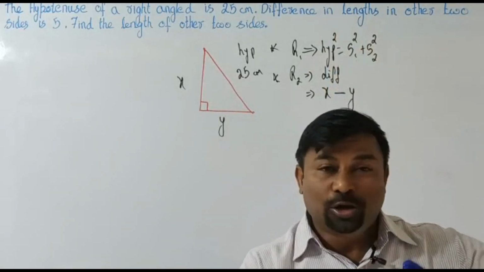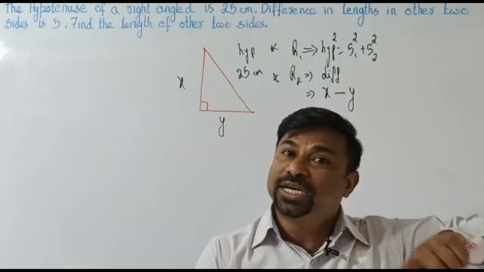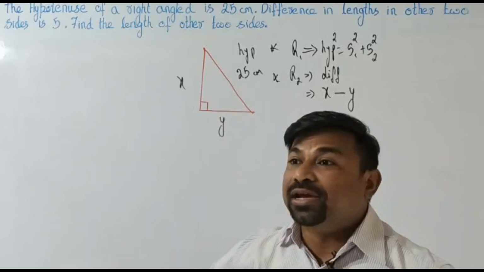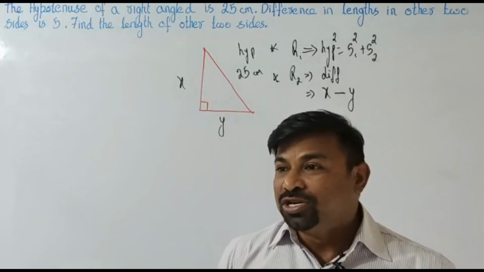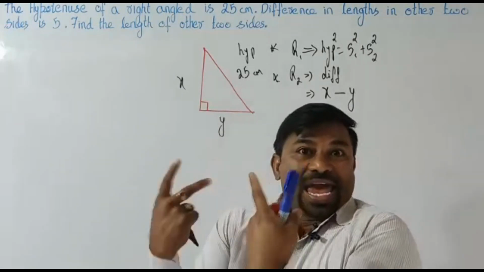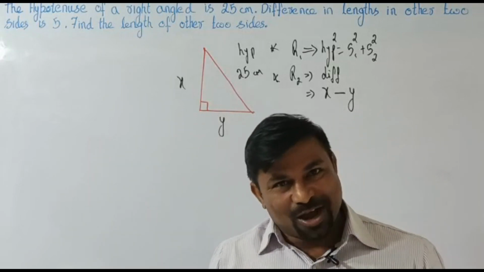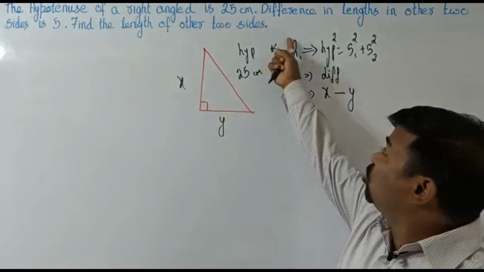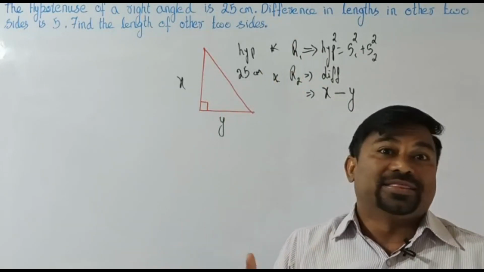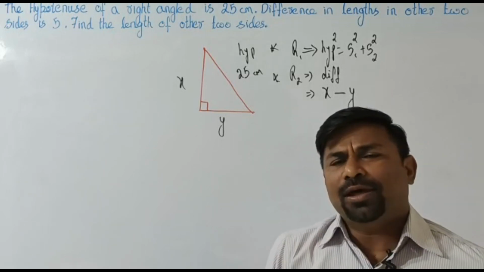Do they both belong to the same category? No. Generally, please remember, addition and subtraction belong to one category, whereas other things like product, times, area, or the Pythagorean theorem, squared, all belong to another category. As the two relations are not of the same category, it is not a linear pair of equations.